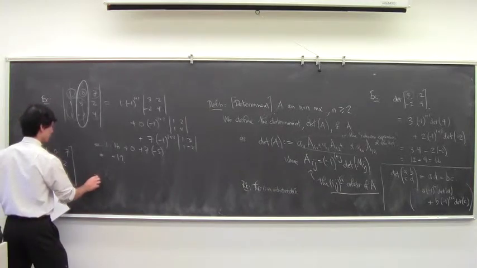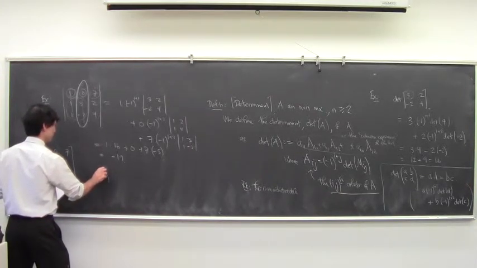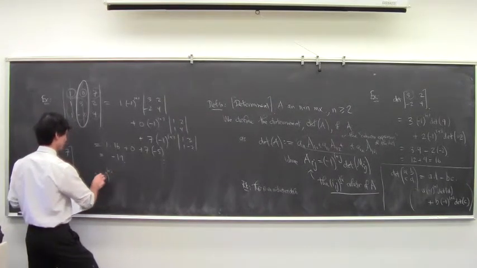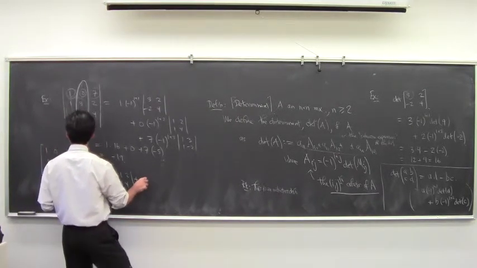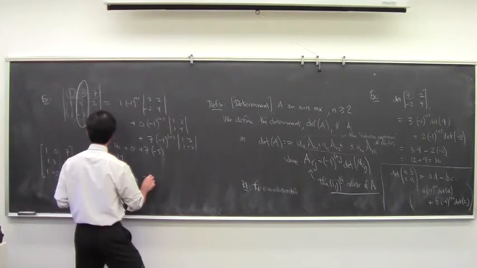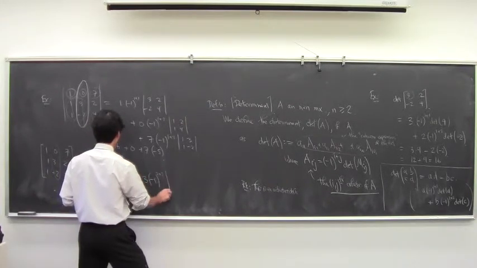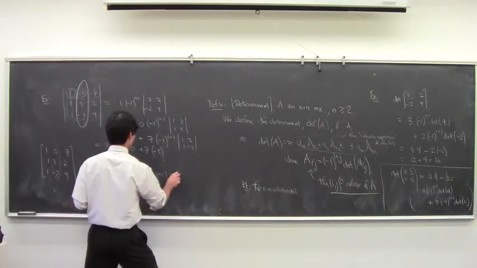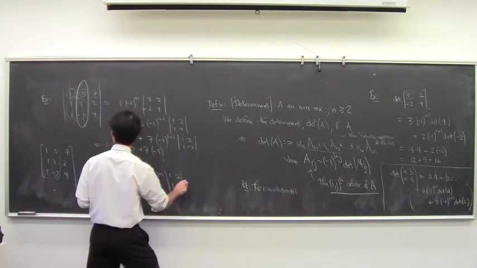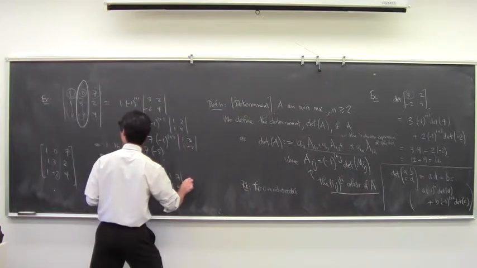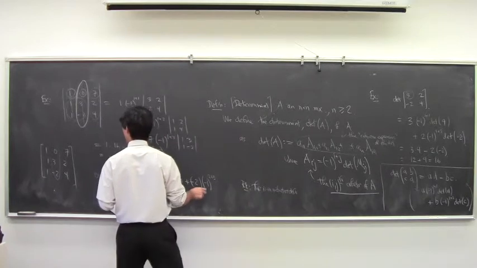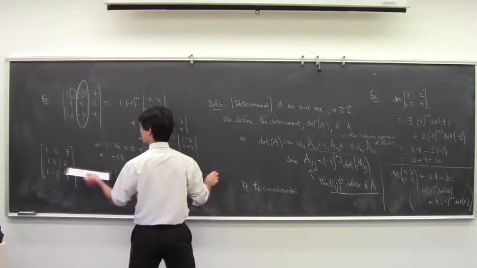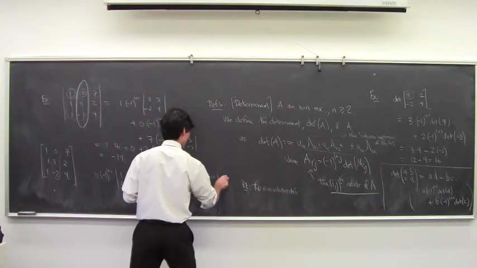We take 0 times -1 to the 1 plus 2 times the determinant of 1, 2, 1, 4, plus 3 times -1 to the 2 plus 2 times the determinant of 1, 7, 1, 4, plus -2 times -1 to the 2 plus 3 times the determinant of 1, 7, 1, 2.